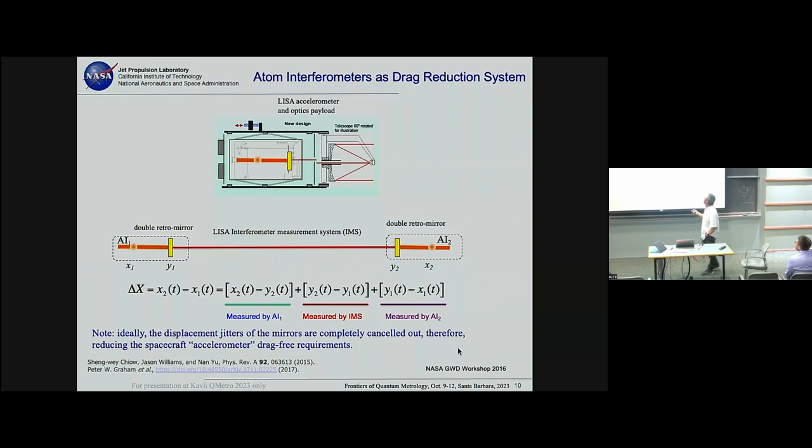Then you can get exactly a large gradiometer, a differential measurement between the two drag-free satellites.